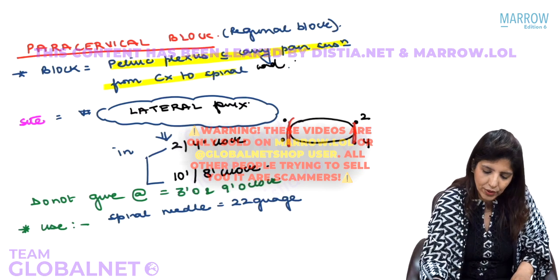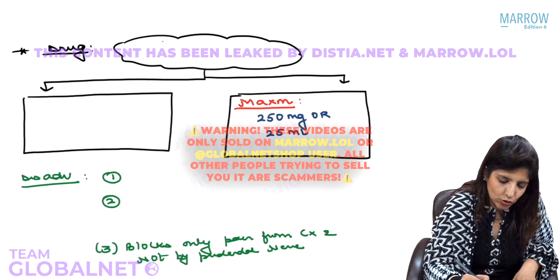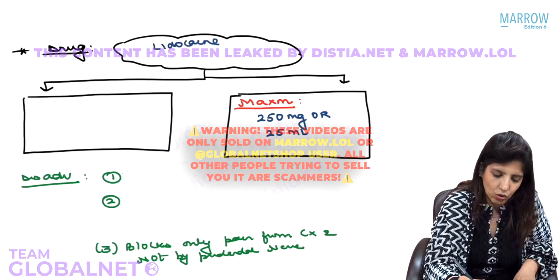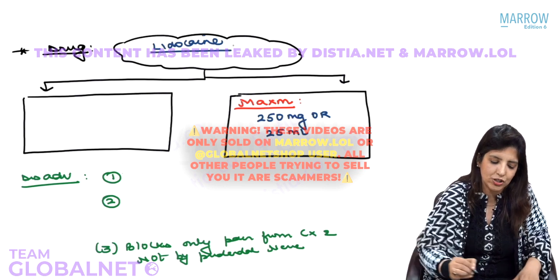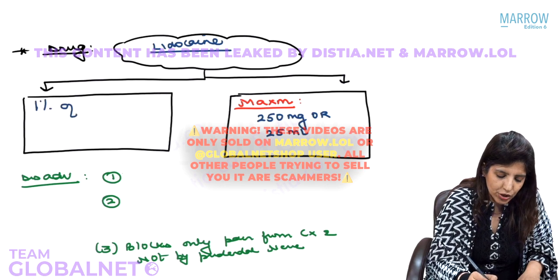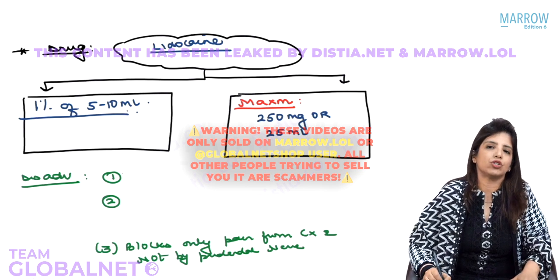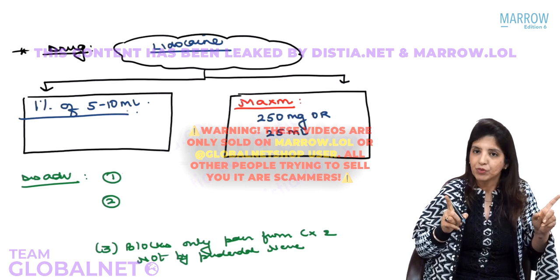Right? Okay. Then, the drug which you use to give this block is lidocaine, the local anesthetic drug. And how much lidocaine? 1% of 5 to 10 ml. Right? 1% of 5 to 10 ml lidocaine you are going to use on either side.